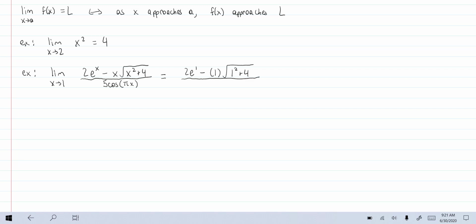And then down at the bottom, if x is approaching 1, then we should be getting cosine of pi in the denominator like that. And then if we simplify this, we're going to get 2e minus square root of 5. And cosine of pi is negative 1, so that's going to be negative 5.